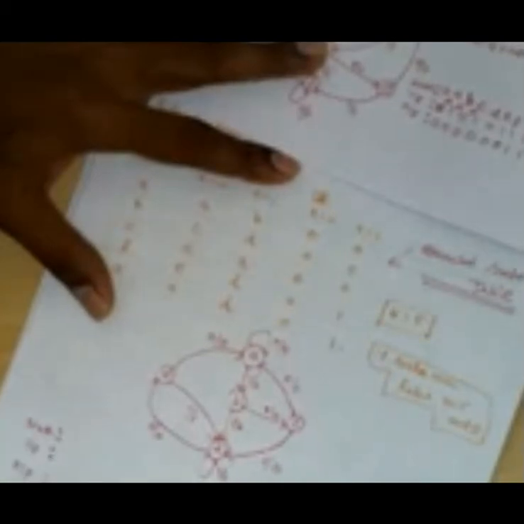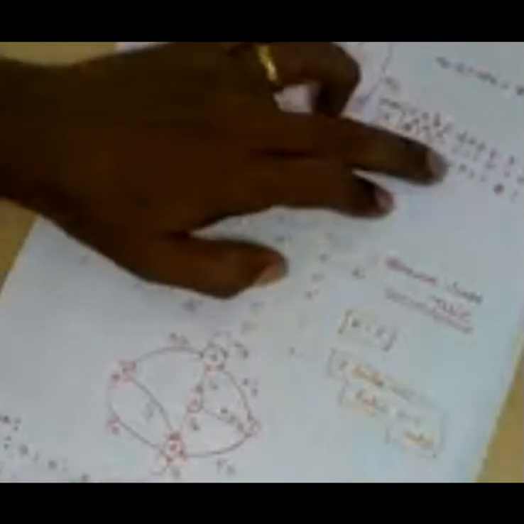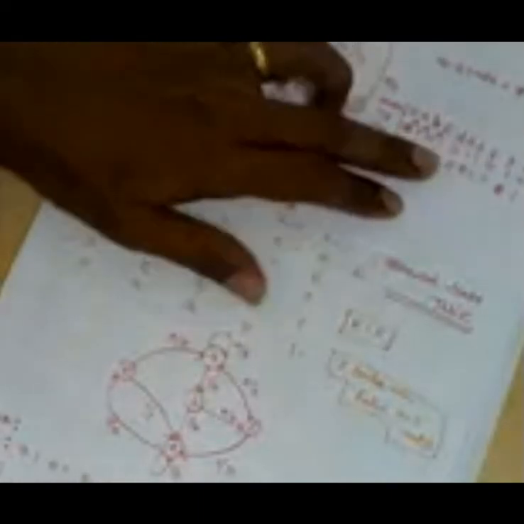Take the same input: 0, 1, 0, 1, 0, 1, 1, 0, 1, 0, 0. You tell me what is the output and what is the input.